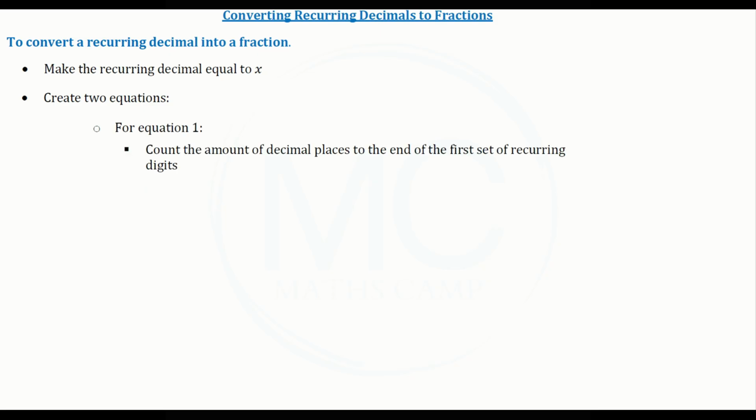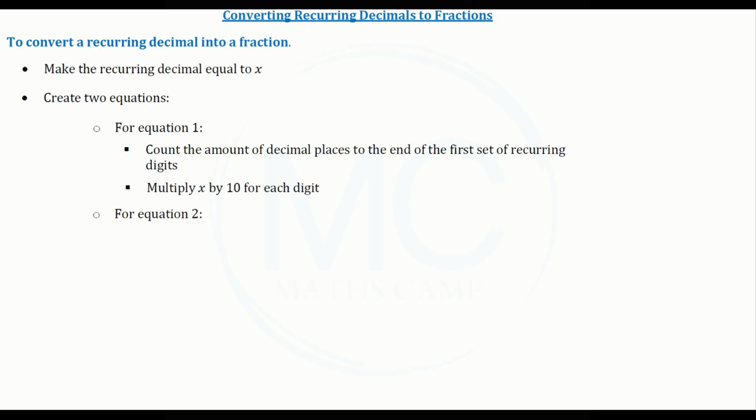To convert a recurring decimal to a fraction, we make the recurring decimal equal to x. Then we create two equations. For equation 1, we count the amount of decimal places to the end of the first set of recurring digits. Then we multiply x by 10 for each digit.